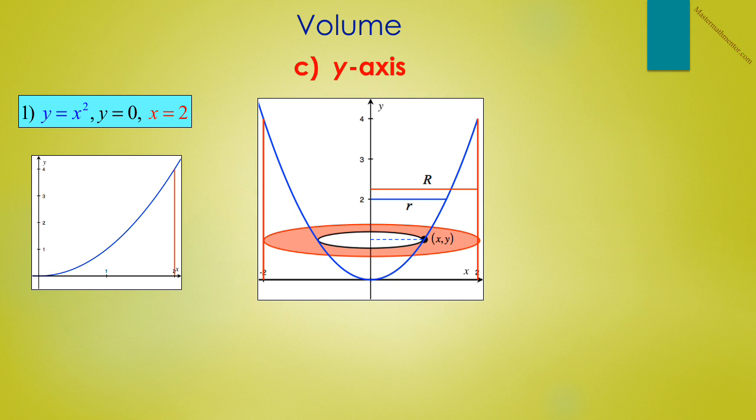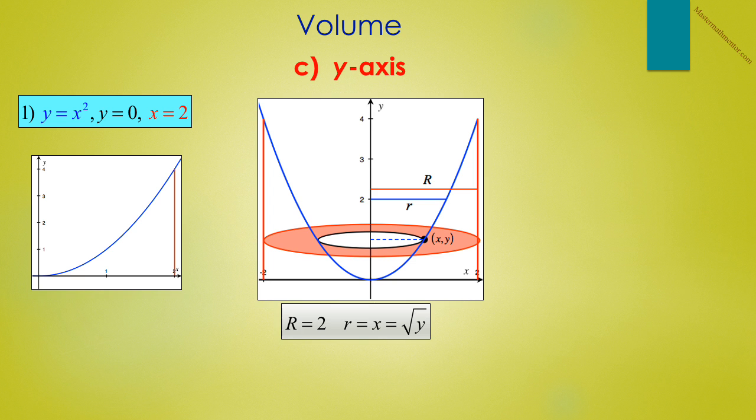We draw a representative washer, red to red, blue to blue. It is clear that capital R is always 2, but the inside radius, little r, varies. So we label a point on that curve as (x, y), and we see that little r is equal to x.